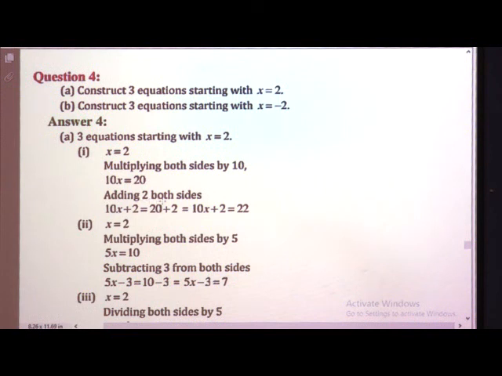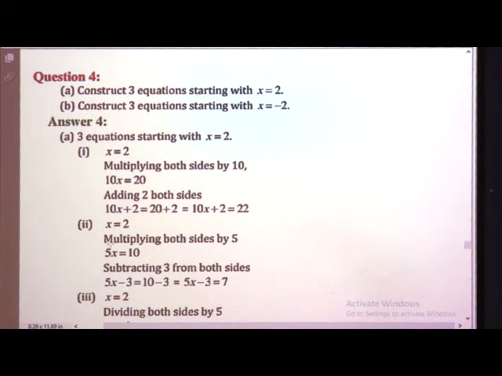Adding 2 to both sides: 10x plus 2 is equal to 20 plus 2, which is 22. This is one equation we have done with the value x is equal to 2.